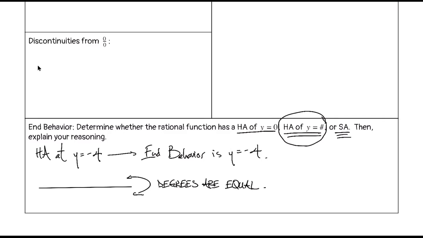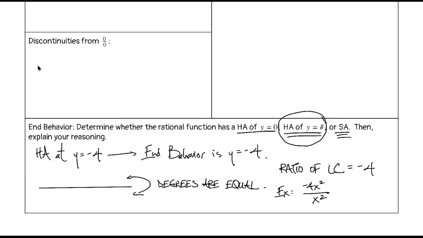Okay, yes. So Ethan, let's modify that just a little bit. The top divided by the bottom, the ratio of those equals -4, okay? So the ratio of the leading coefficients equals -4. So for example, it could be -4x² over x².